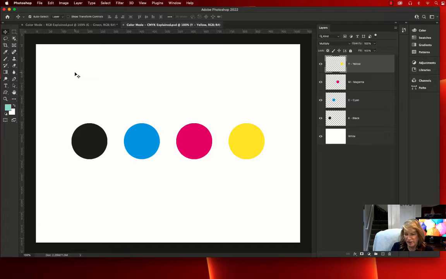So CMYK being based on ink, we start with the color white. Why? Because most of the time when you print something, you're printing it on a white piece of paper. So we start with white. It is a subtractive process, a color process to get a color. And again, it's the opposite of RGB.